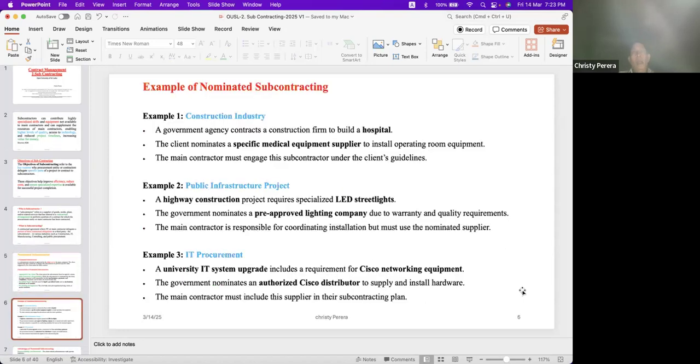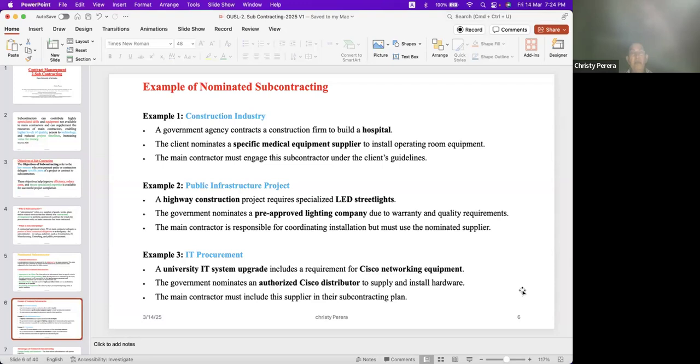Okay. Now, I will take some examples and I will explain. Then you will get a real idea about the nominated subcontractor. Example 1. In the construction industry, there are so many industries: construction, IT, infrastructure, then supplying of goods, maybe supply of a power plant, supplying 5,000 computers or anything.